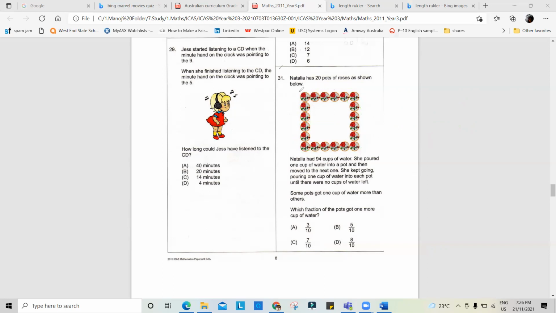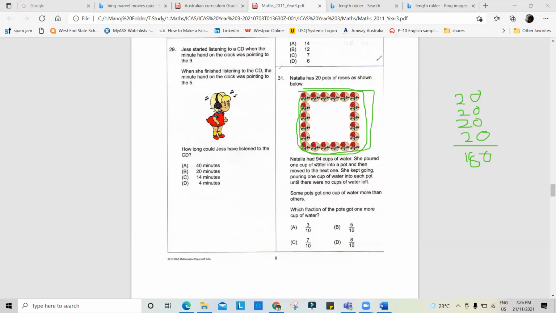Now what we do is we went around this, right? First one 20 cups. Second round we did another 20 cups. Third round another 20. Another round another 20. Altogether 80 we poured, right? Now we have 94 cups.